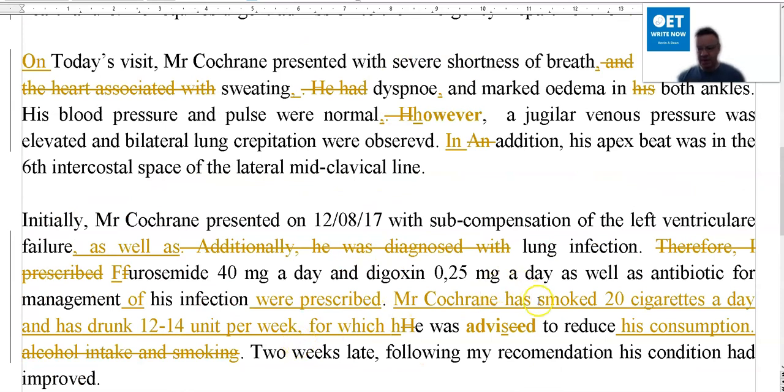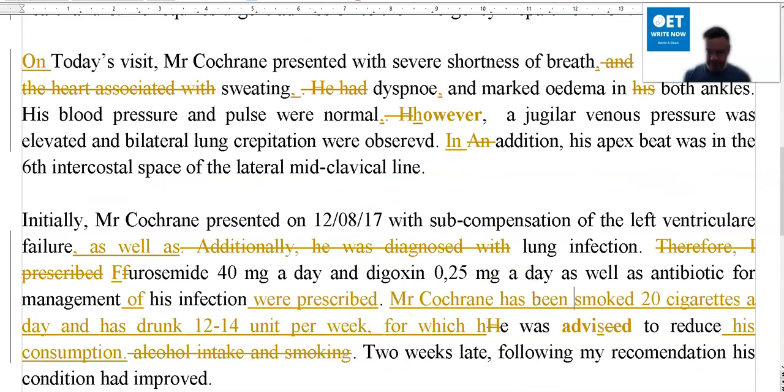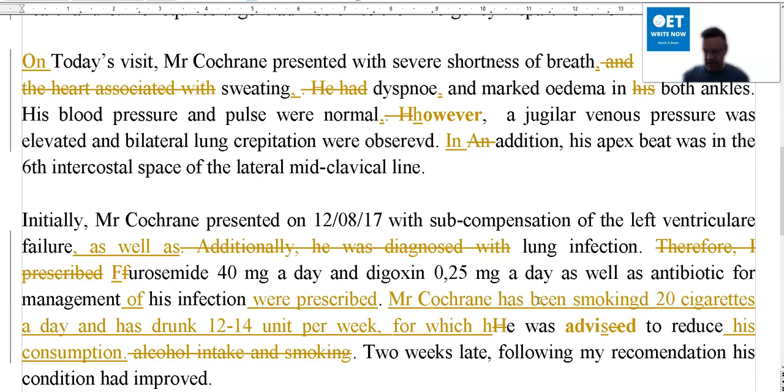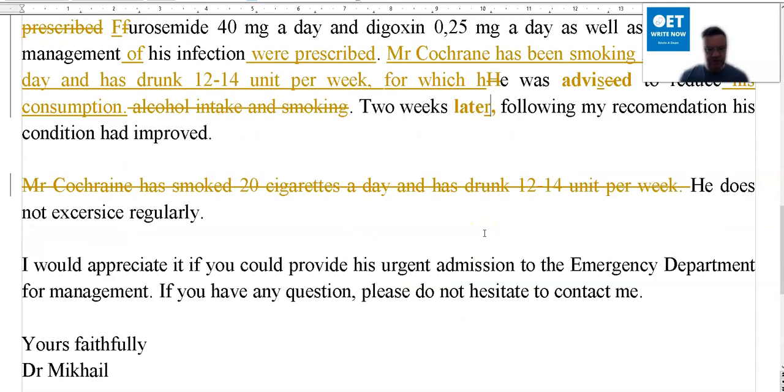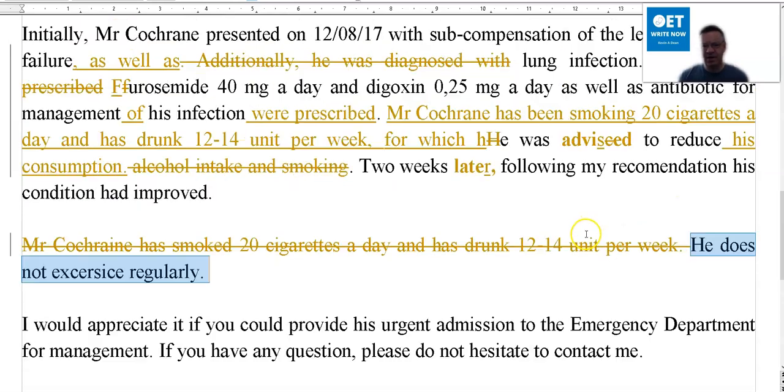So, has been smoking 20 cigarettes a day, and has drunk for weeks, for which he was advised to reduce his consumption. Two weeks later, on my recommendation, his condition had improved. Now, I don't know if you need to put that about exercise, because we can kind of guess he probably doesn't, so.